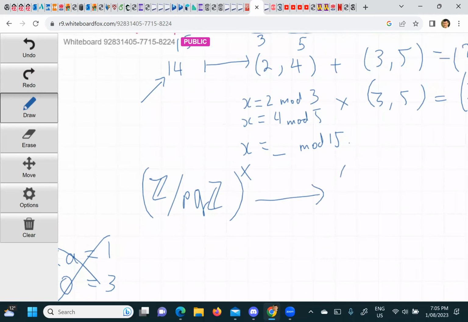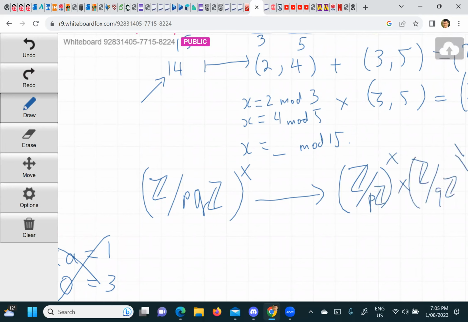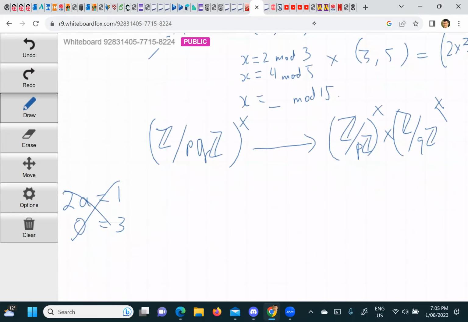And the claim is if you restrict the function to the invertible things, it's still a bijection. That basically follows from it being multiplicative. If A is invertible, it means there's a B such that AB equals 1.